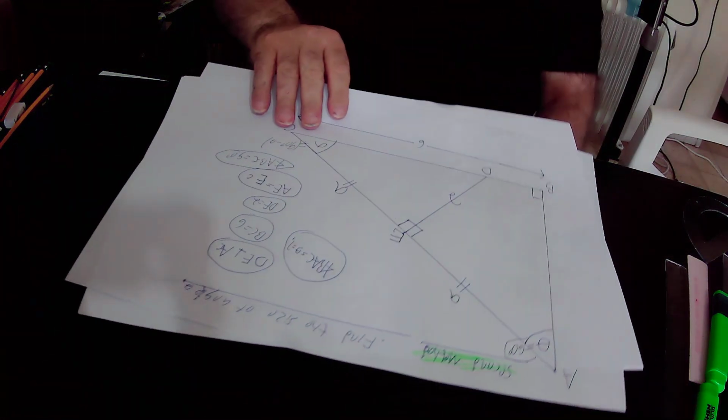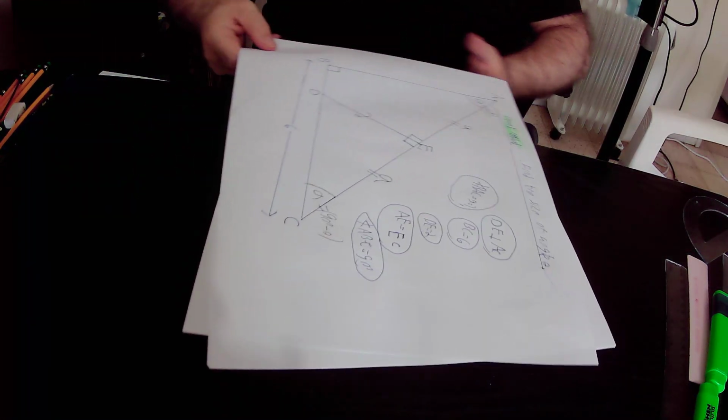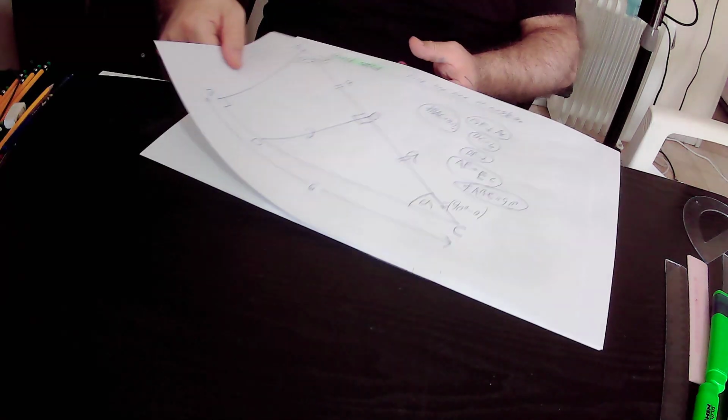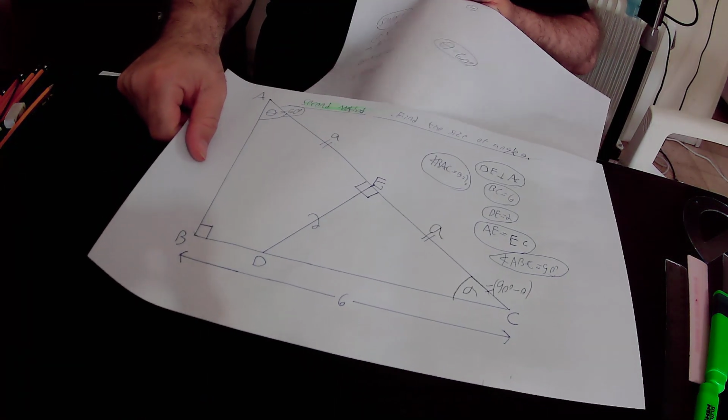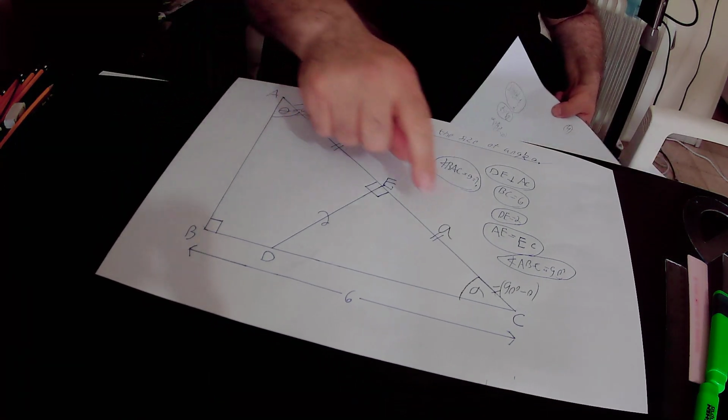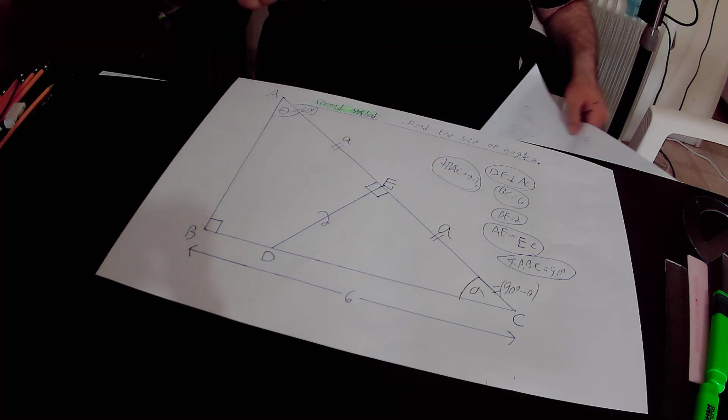We finished with the first method. In the next step, I presented to you how to find the value of angle theta according to the second method. Here we defined this angle as angle alpha.